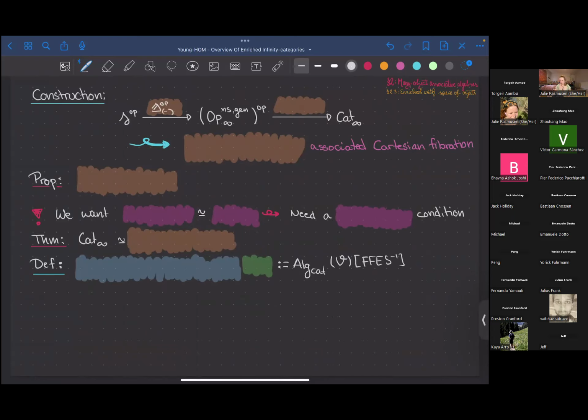from S, from spaces, into generalized non-symmetric infinity operads, and then we can apply the algebras from blank into a fixed monoidal category.